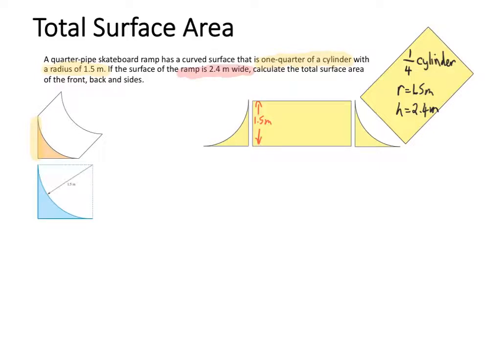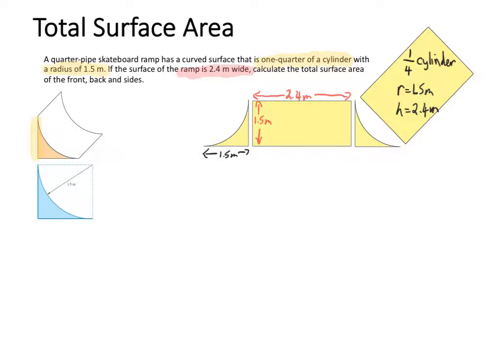The length is going to equal the width of the skateboard ramp, which is 2.5 meters. And looking at my sides, I know that each of the lines that form my right angle is going to be 1.5 meters. So that is adding on all of the information from the question. I can now go ahead and calculate the individual area of each of those shapes to then add them together to get the total surface area.